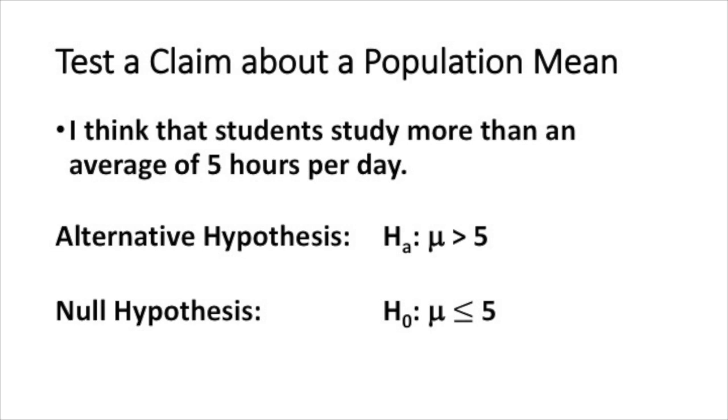Again, the null hypothesis is that my claim isn't true. So you see the H with a subscript 0, that stands for null, and that is mu is less than or equal to 5. In other words, the null hypothesis is that the mean value is less than or equal to 5.